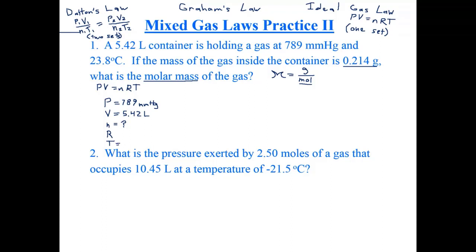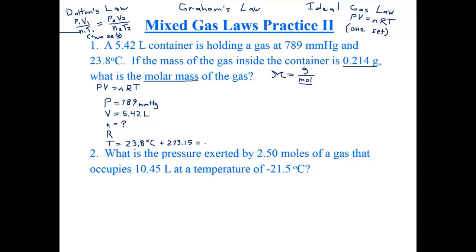I'll get to that in a second, but we also have a temperature of 23.8, which we have to convert to Kelvin. So if I add 273.15, since Elena's going to yell at me if I don't use 273.15, I've got to use the 0.15.